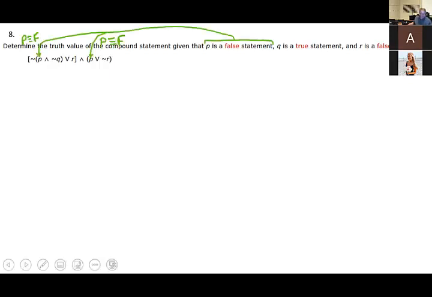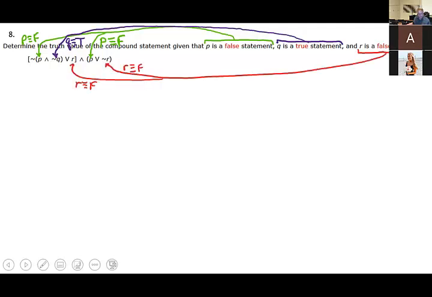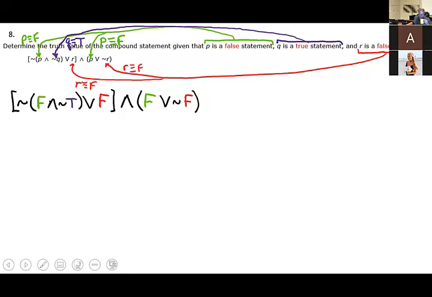So I would literally just plug in, everywhere I see a P, I just plug in F for false, and everywhere I see a Q, I would just literally plug in T for true, and everywhere I see an R in that expression, I would just quite literally plug in capital F. That way you can manipulate the truth values and just take it one step at a time.